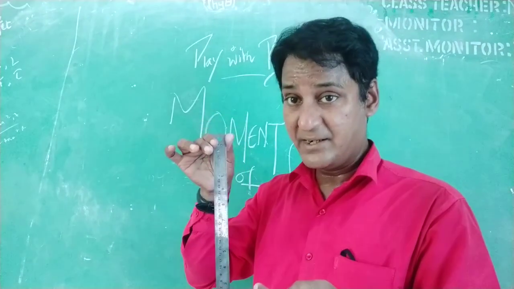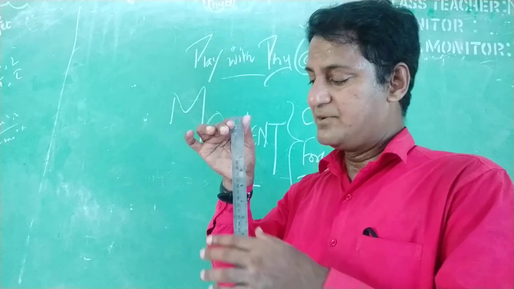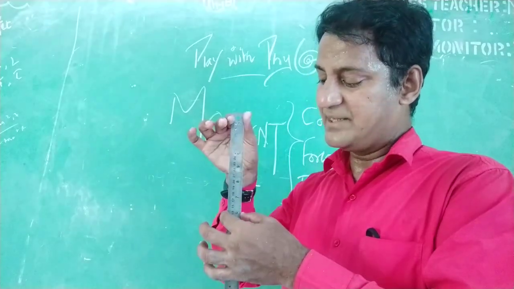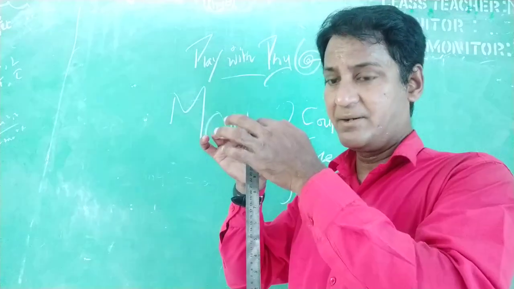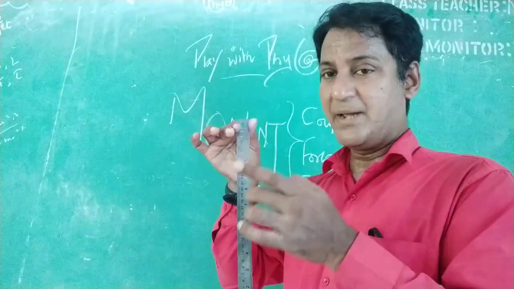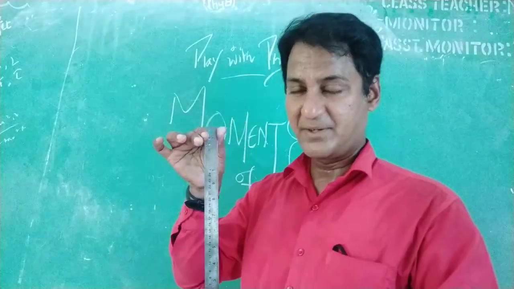Here, for example, the distance between the CG and the axis of rotation is 15 centimeter. So mr squared is the mass of this scale into 15 centimeter squared.